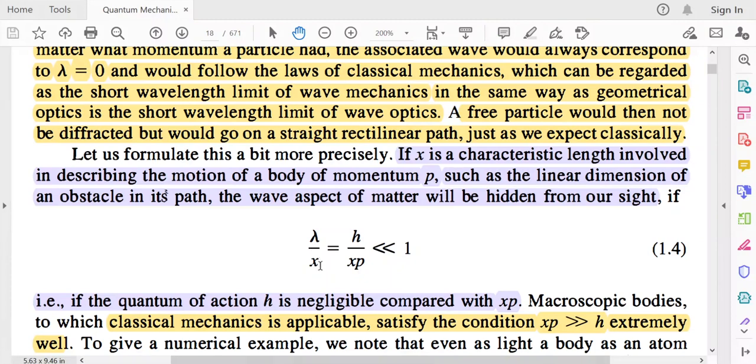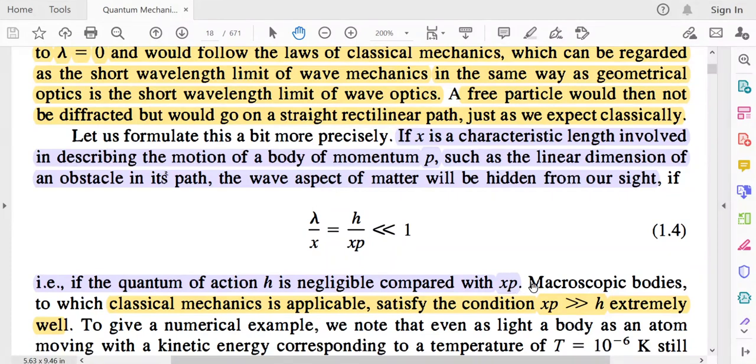If lambda is very much less than x, then the quantum of action h is negligible compared with xp, because from this inequality we can say that h is very much less than xp. So in the case of macroscopic bodies to which classical mechanics is applicable, the condition xp greater than h, or h less than xp, is satisfied extremely well.